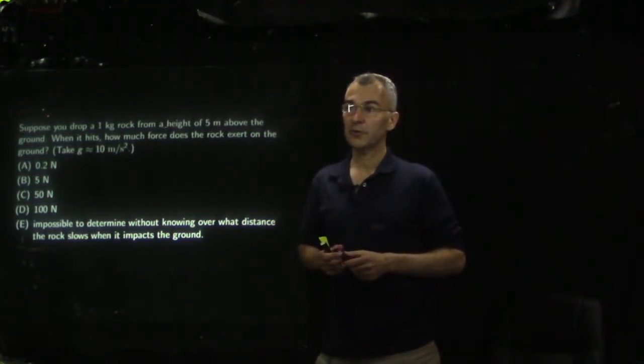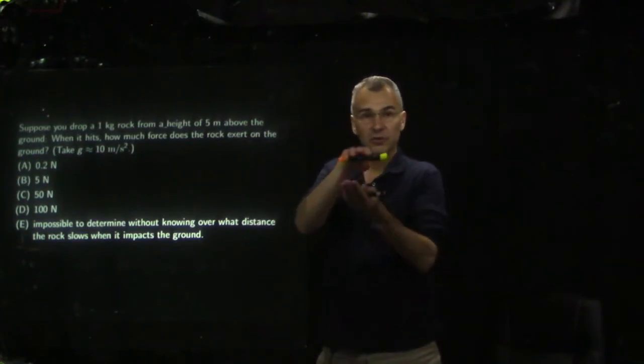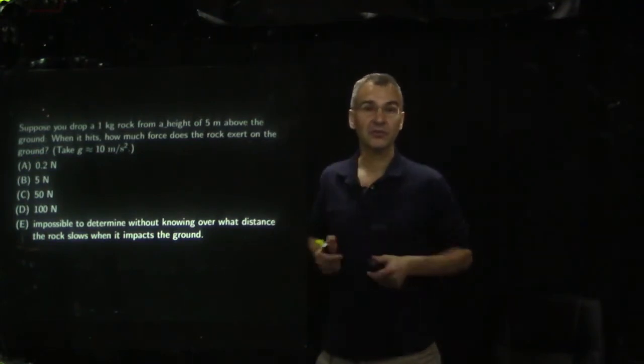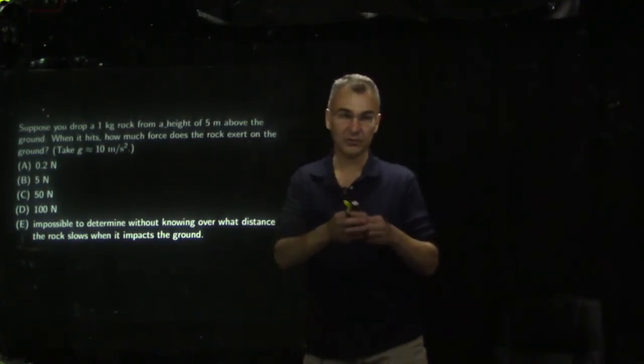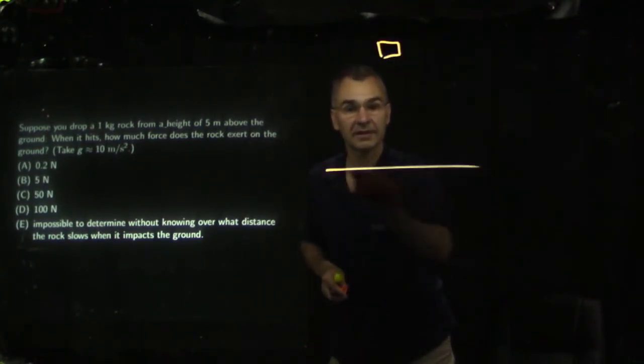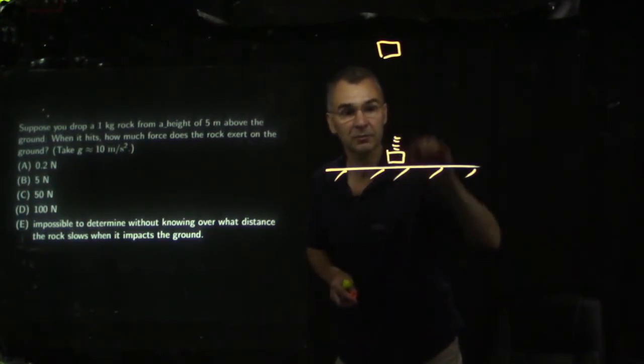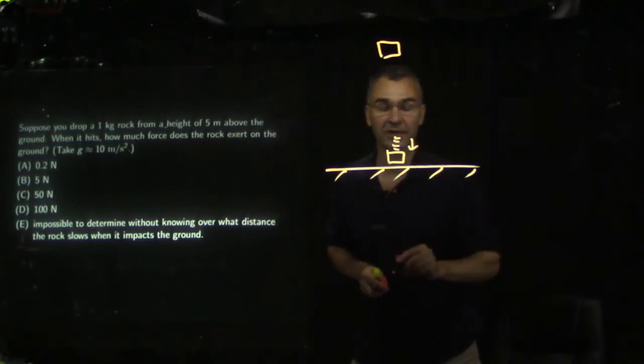Well, so we can figure out how much kinetic energy it has just before it hits the ground. But then we don't know over what short distance it loses that kinetic energy. So the rock starts out up here, and then it's going to hit the ground down here. And when it hits the ground, it's going to be moving pretty fast in the downward direction.